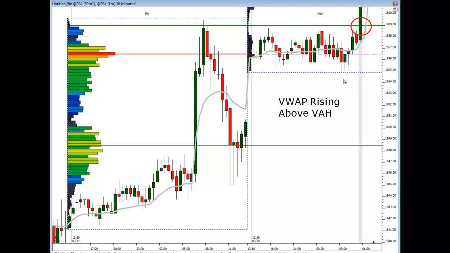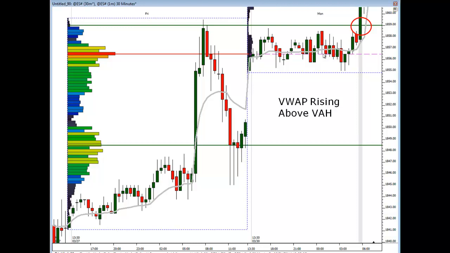Quite often the question people have is, is the market going to accept the value as we head higher, or is it going to reject? Well, this is a clear indication of acceptance, and prices are going to continue to move higher.